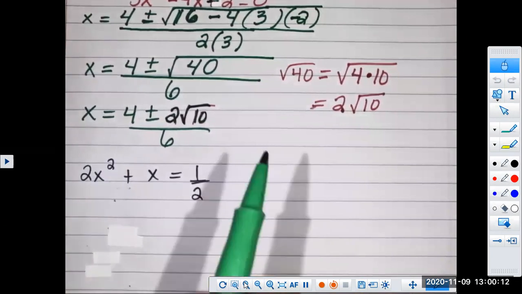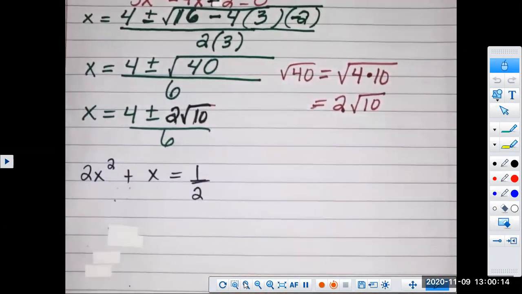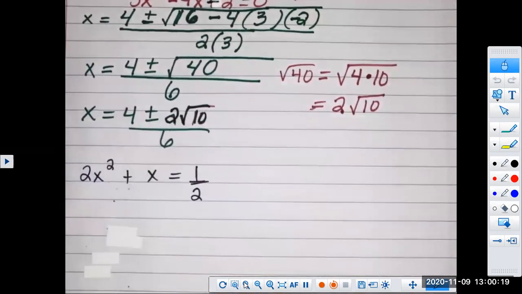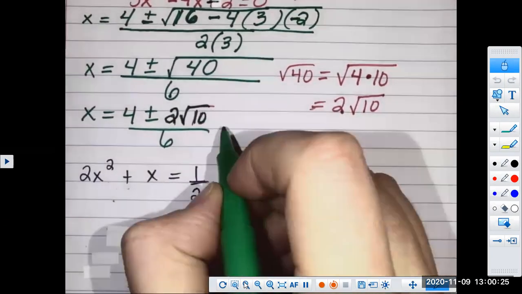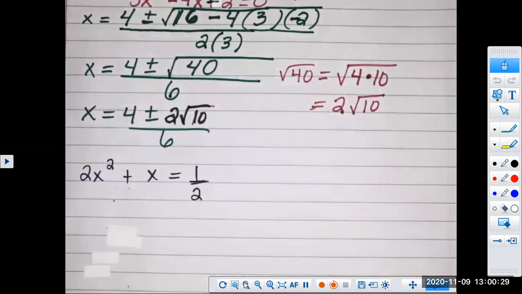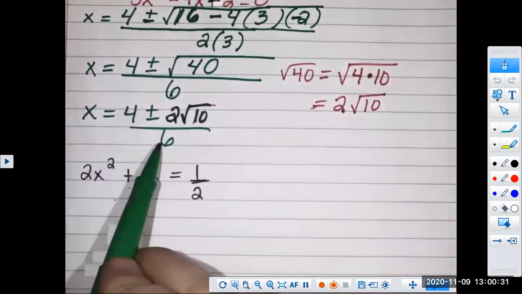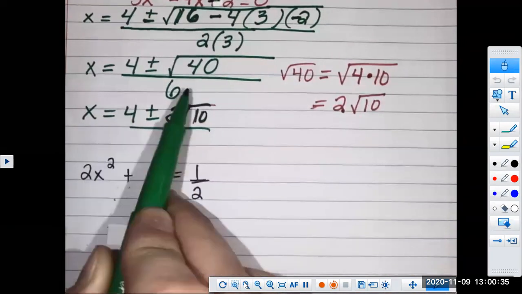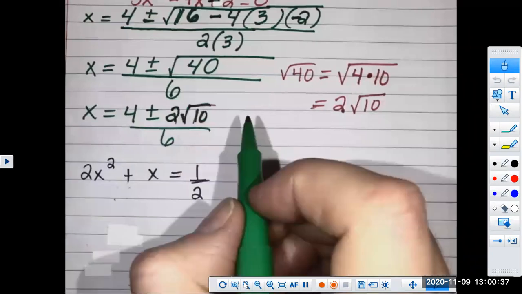Okay, once you simplify your radical, then you have to look and see if all of the numbers that are outside the radical, 4, 2, and 6, well, I'll tell you what, Math Excel is going to make you split it up. So this is what I'm going to have you do. You're going to take this denominator that 4 and 2 root 10 share, and you're going to split it up.